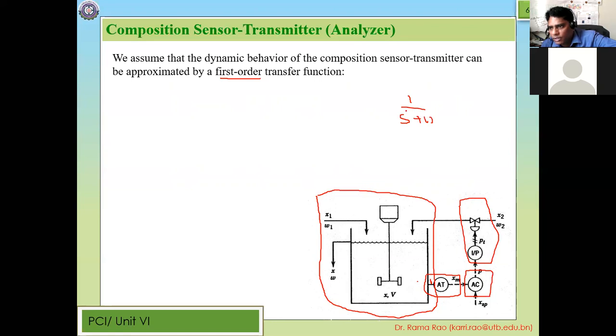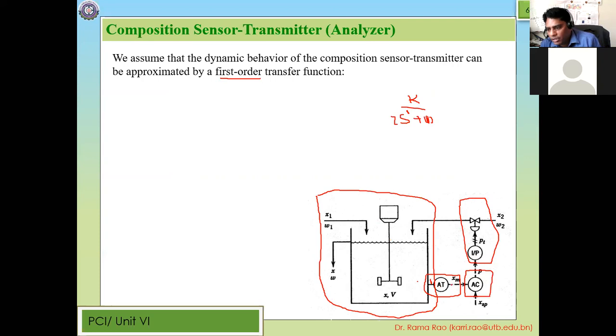If we have a transfer function with s to the power of 1, then this is a simple first order transfer function. It may also have a time constant, that is tau, and some steady state gain, which is k. The k can be different, your tau can be different, and here it should be 1, so that it is in the standard form of k by tau s plus 1.